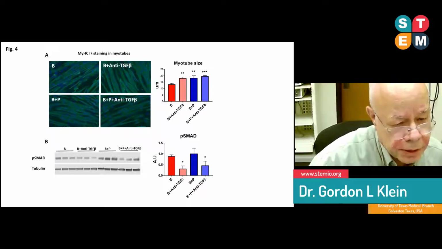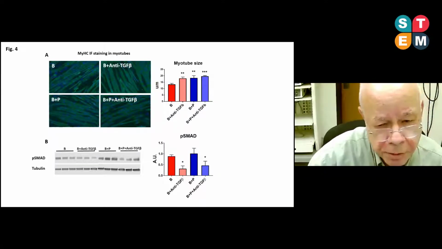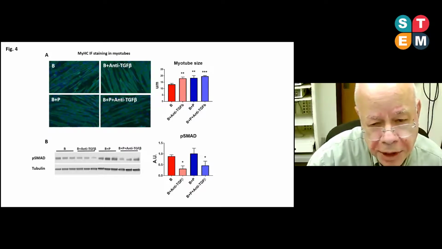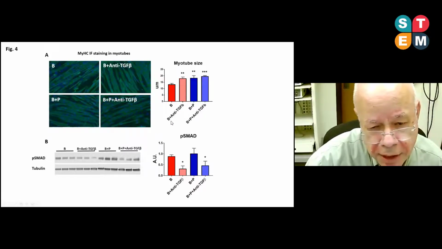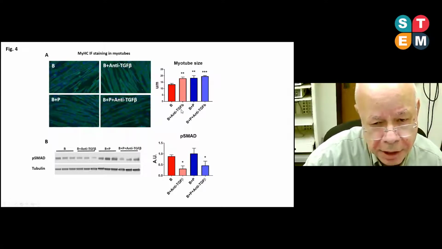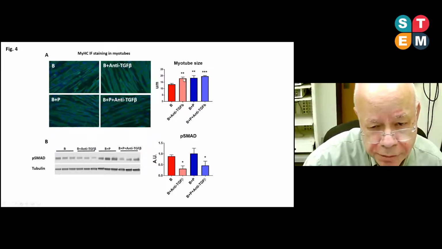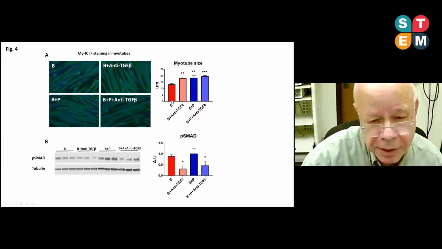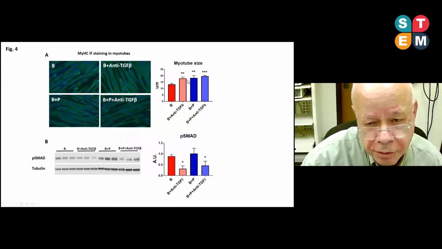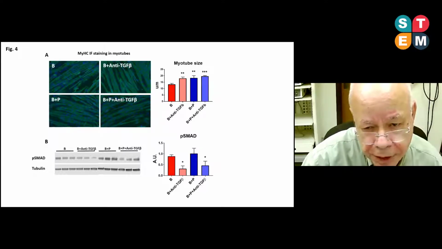Now, when these cell culture experiments were repeated, only with the addition of anti-TGF-beta antibody, what you see is that the myotube size in the cultures from burn patients who had received placebo now increased to a point of comparability with myotube size from the burn patients who received pamidronate.